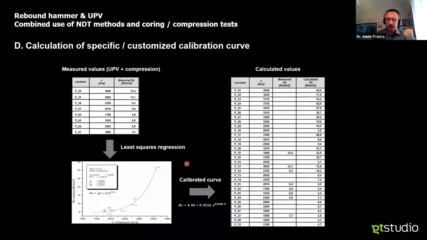Once I have that curve, at the cost of a small number of cores, I can recalculate the actual strength that I can use for characteristic strength assessment. That is the idea of the proper non-destructive versus traditional way of testing.